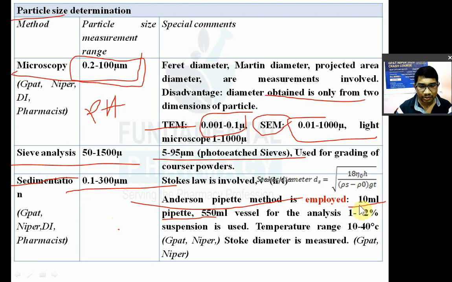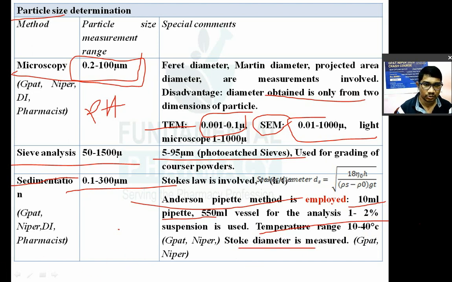That pipette should be at least 20 centimeter above in the suspension. Then a 1 to 2% dilute suspension has to be used, and you have to obtain samples at an interval. I will explain in the coming slide. The temperature range you have to keep is 10 to 40. Stokes diameter is measured. Now we are going to see the detail.